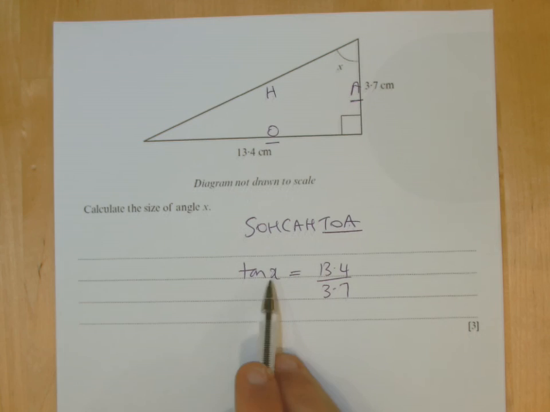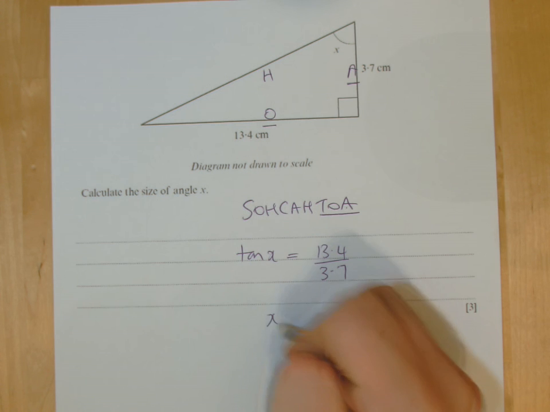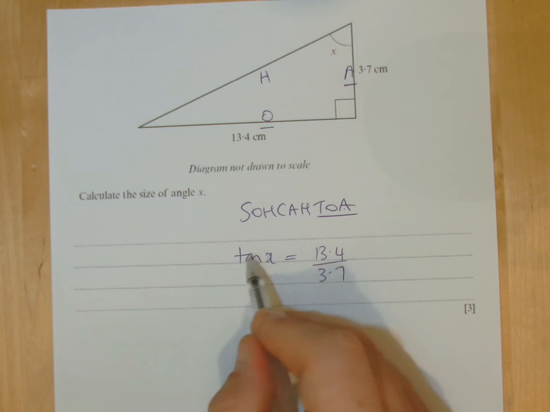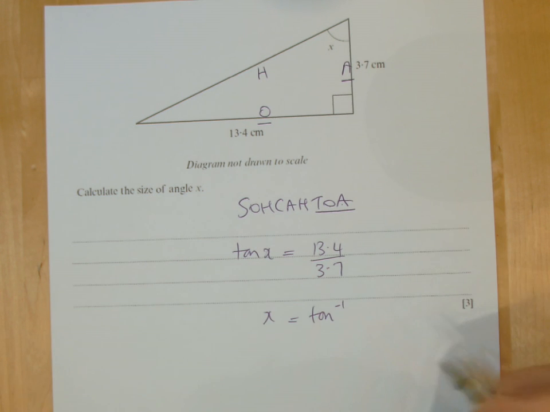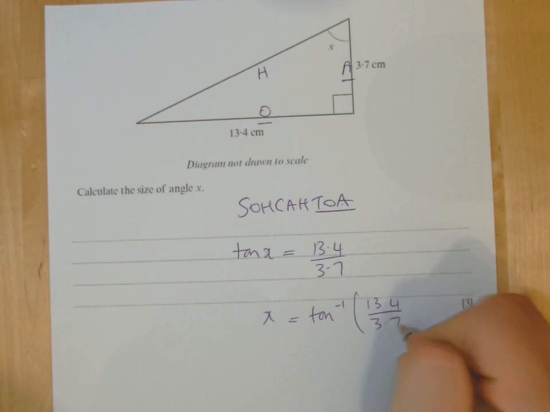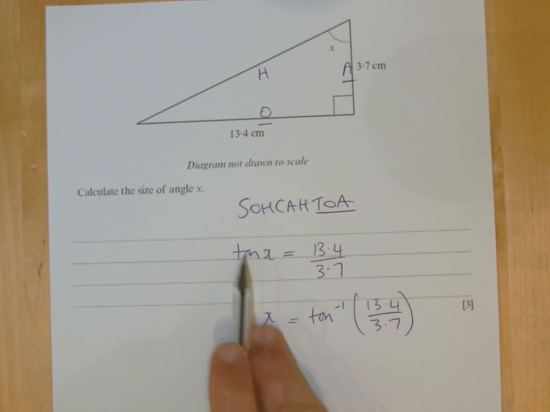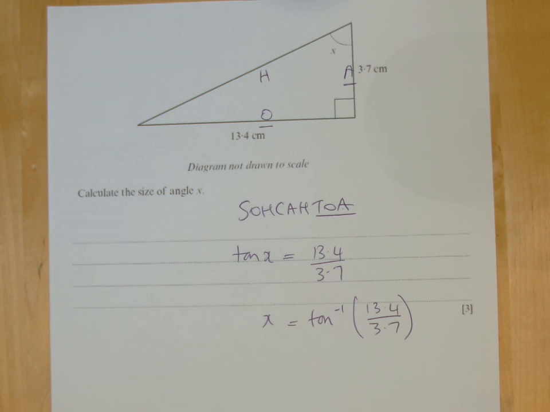Now, when you want the angle, you've got to do something different. Because you need to get x on its own, you need to take the tan over. Just keep the x there, you're just taking the tan over. When you take the tan over, you've got to write tan to the minus 1. If you forget what to write, the calculator actually displays this for you, so I'll show you now. But when you want the angle, you take the tan over, tan to the minus 1 of all of this, so put it in a bracket.